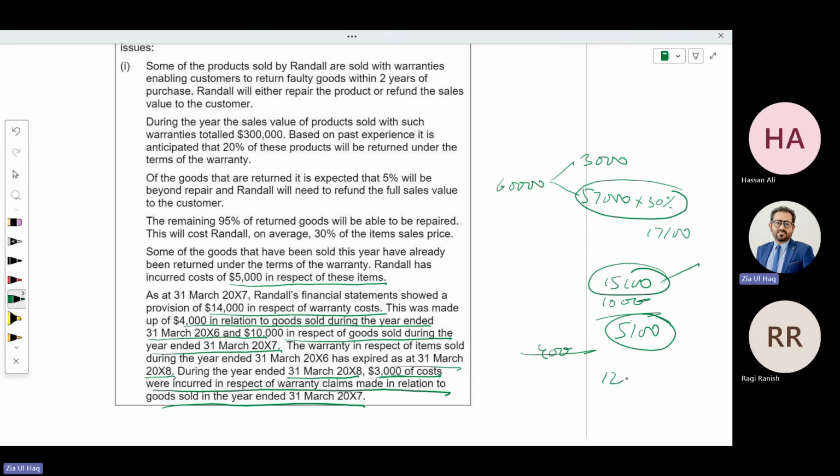This means the remaining 12,100 is for 20x7. And for 20x8, they need to create provision. How much? 7,100. This means at the end of 20x8, the provision should be this much for 20x7 and 20x8 sales.